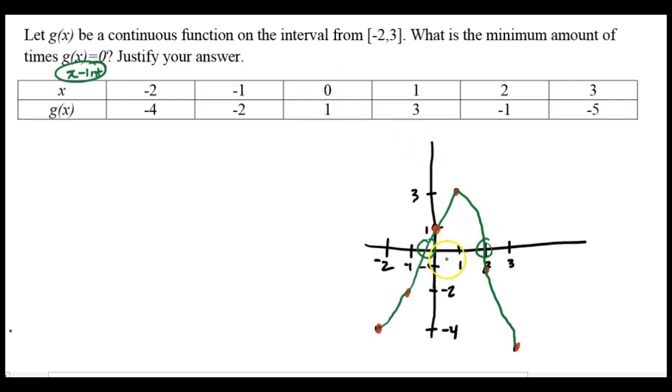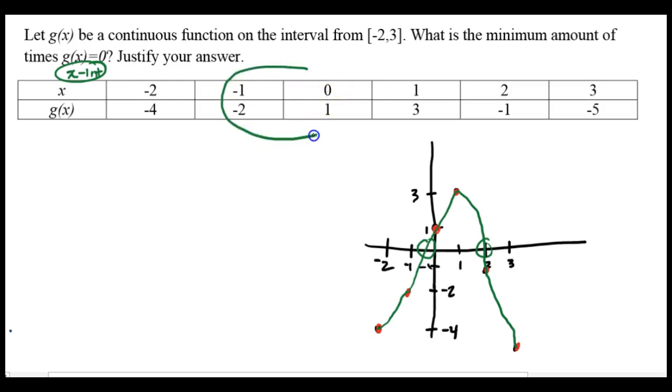And I didn't even have to graph it to be able to tell. What I had to look for was places where g of x, the output value, changed signs. Between the x value -1 and the x value 0, the function g of x changed from negative to positive. The only way to get from a negative to a positive is to cross the x-axis, to go through 0.